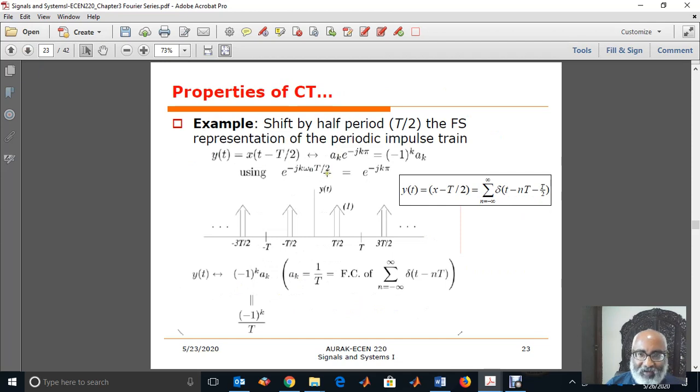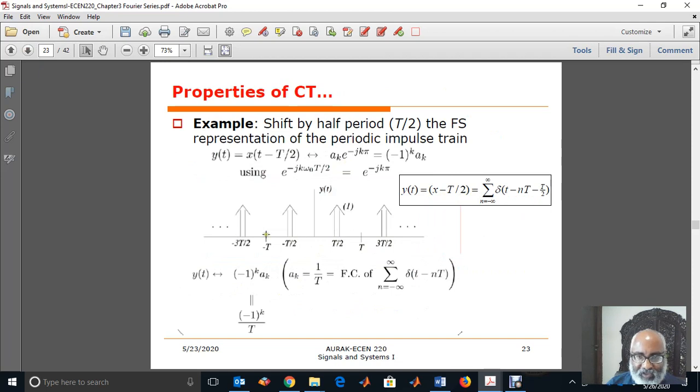We can use, for example, the time shift property to find the Fourier series representation of this periodic impulse train. Remember, we studied it, but it's shifted by T over 2. So before it was at 0 first, now it will be at T over 2. The next one will be at T over 2 plus T, 3T over 2, and so on.